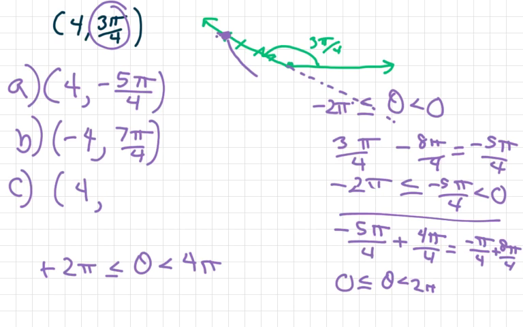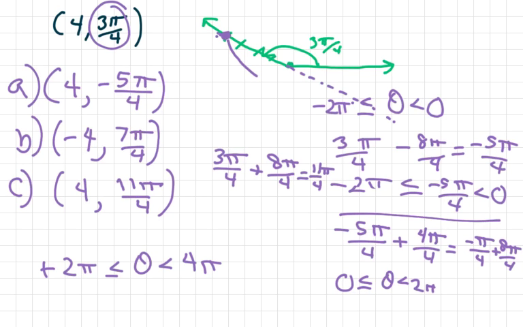If you add 2 pi to this, you're going to get 11 pi over 4. So we get 3 pi over 4 plus 2 pi will be 8 pi over 4. That gives you 11 pi over 4, which is greater than 2 pi. So this would be 11 pi over 4. All right?